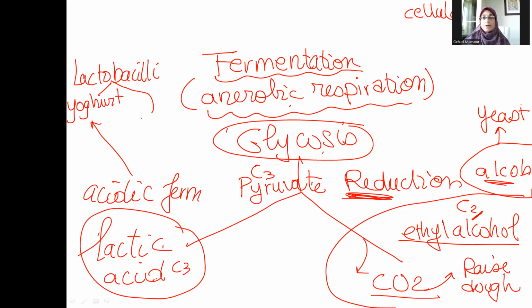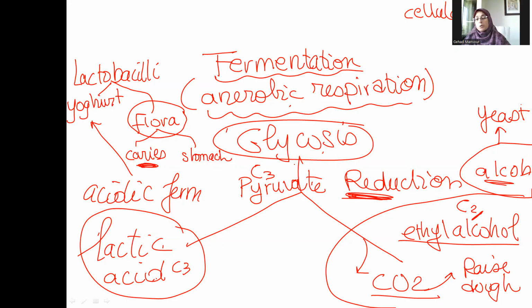But lactobacilli are also present in the mouth cavity. They are usually friendly flora, but sometimes they can cause diseases like, for example, dental caries, when the lactic acid produced dissolves the enamel in the teeth, and they're also present in the stomach and can be converted into pathogenic bacteria, but rarely. Usually they can live in the stomach because they can withstand the acidic pH of the stomach.